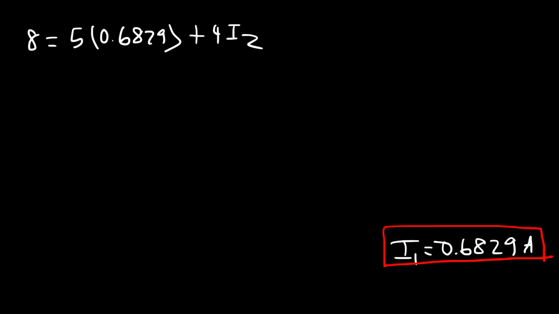So 5 times 0.6829, that's equal to 3.4145.